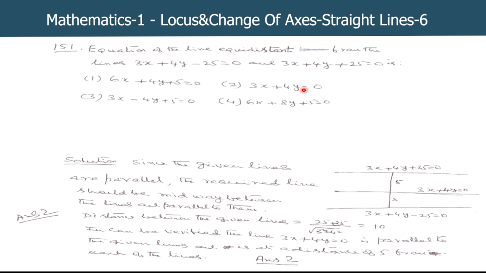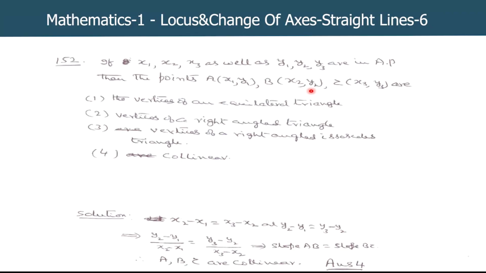The second option is 3x plus 4y equal to 0, whose distance from one of these lines is (25 minus 0) by square root of 3 square plus 4 square, so 25 by 5 means 5. So that is the line parallel to the two lines, in between them at a distance of 5 units. So the correct option is 2.